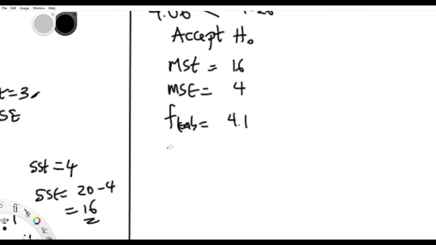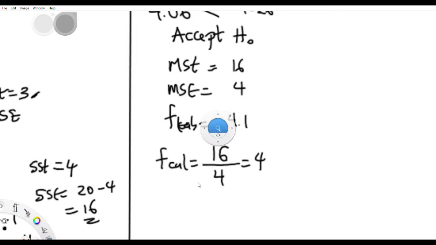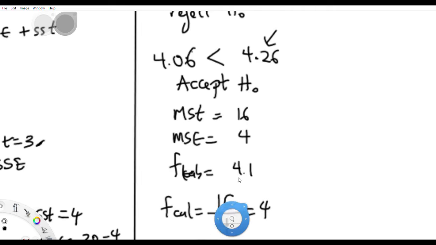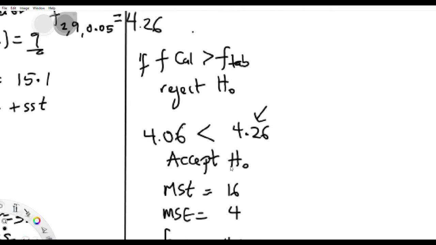Firstly, you need to know the F calculated, which is mean square treatment divided by mean square error, which is 4. Since the F calculated is 4, and 4 is less than 4.1, you accept the null hypothesis that there is no significant difference in the level of treatment.